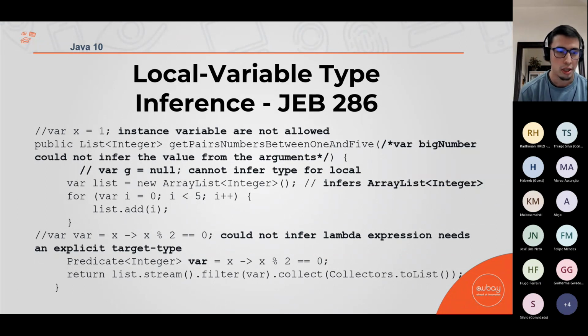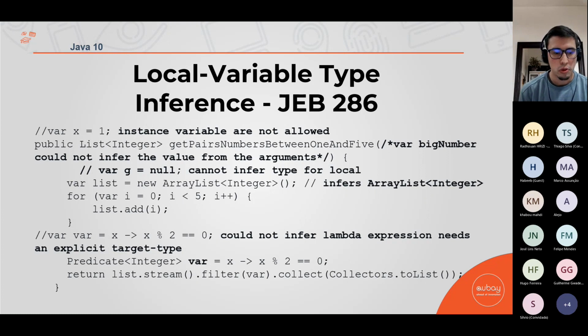You cannot assign null to a var variable. Var also cannot infer the type between the angle brackets for a list or a collection, and it also cannot infer lambda expressions. So be aware of it.